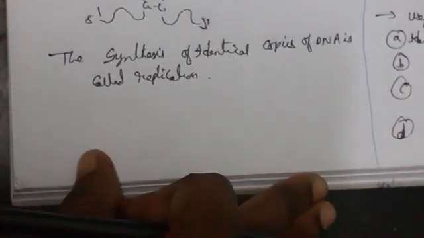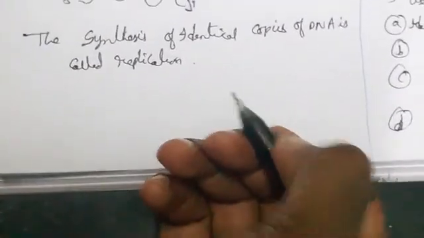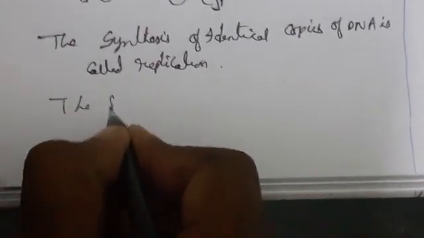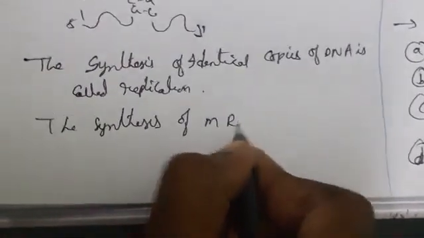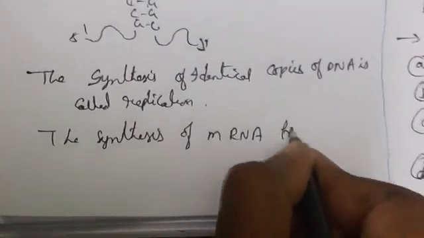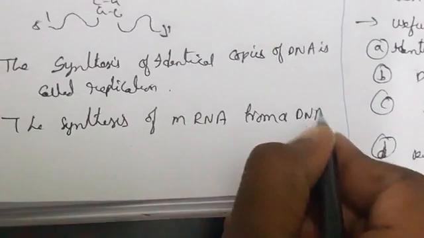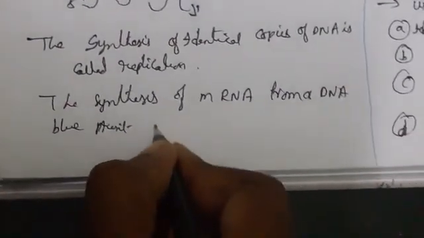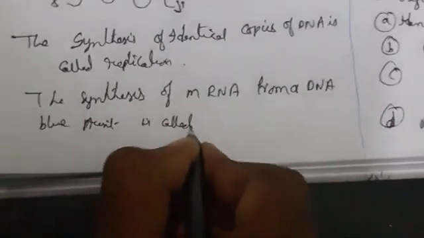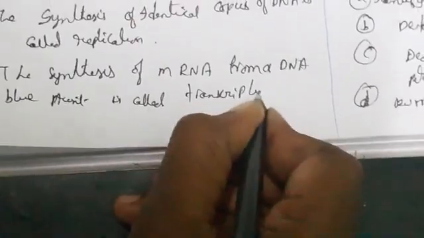Coming to transcription. Transcription is nothing but the synthesis of mRNA from a DNA blueprint. This takes place in the nucleus of the cell.